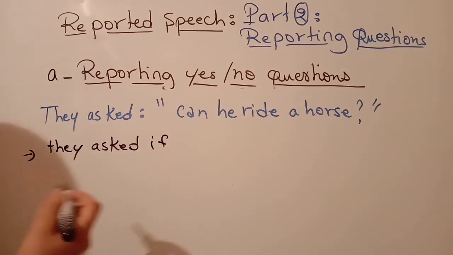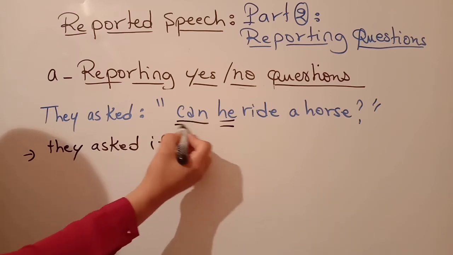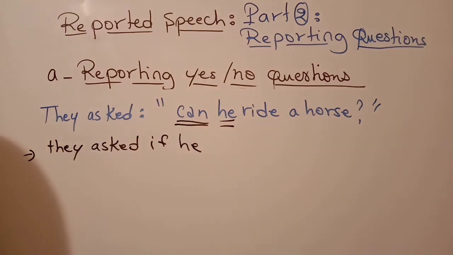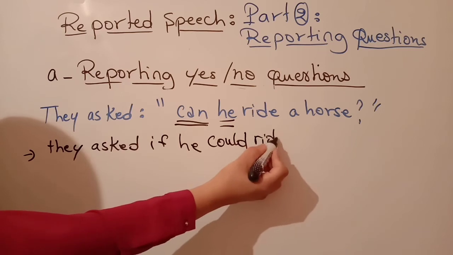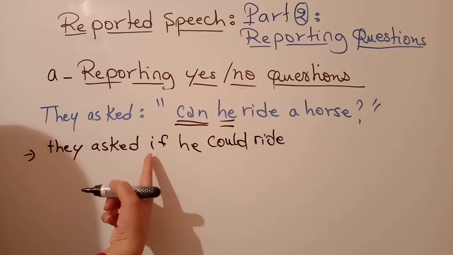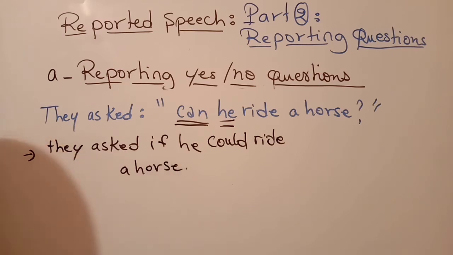The subject is he, if he, and you have the modal verb can, so we provide the past form of can, could. Then you finish the sentence: if he could ride a horse. And thus you have a statement structure instead of a question structure.